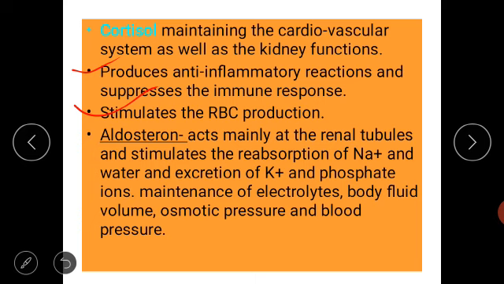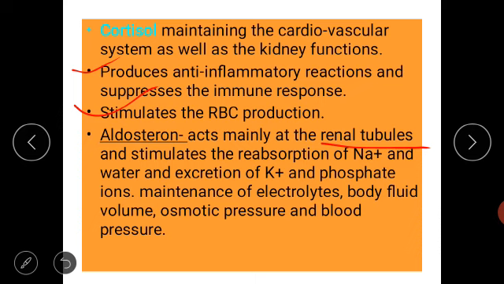Aldosterone especially helps to maintain the minerals and ions of the body. It acts mainly at the renal tubule of the kidney and stimulates the reabsorption of Na+ and water and excretion of K+. So sodium ions and potassium ions are handled at the renal tubule of the nephron in the kidney, and their concentration along with phosphate is maintained.